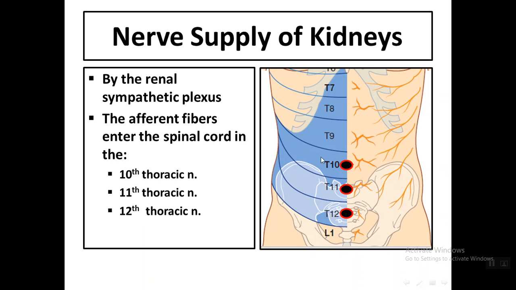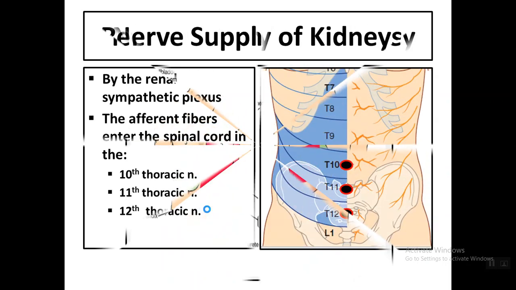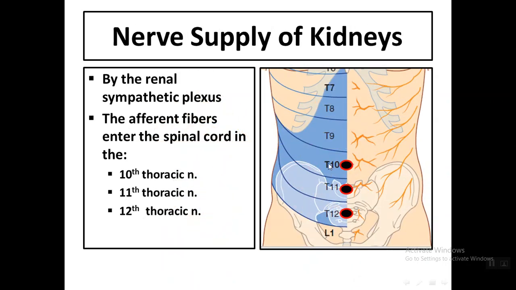So the pain from the kidney will refer to these dermatomes, T10, 11, and 12. This means renal pain will refer from the back to the anterior abdominal wall in the distribution of the dermatomes T10, 11, and T12.